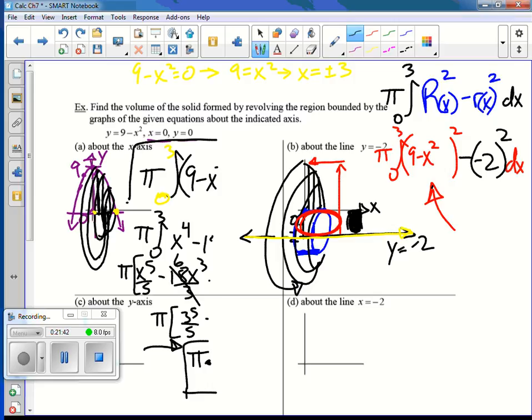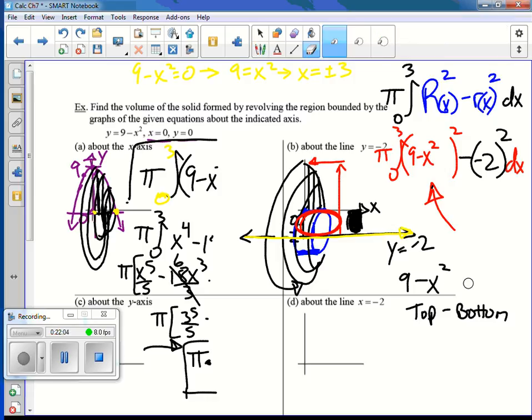And so whenever we integrate with respect to x, we do top minus bottom. So what's the top function? 9 minus x squared. What's the bottom one? y equals -2. So I'm going to do it right here because it looks like I'm not going to have enough space. We do top minus bottom, right? And what's the bottom function? -2. And my apologies, I put an equal sign there.